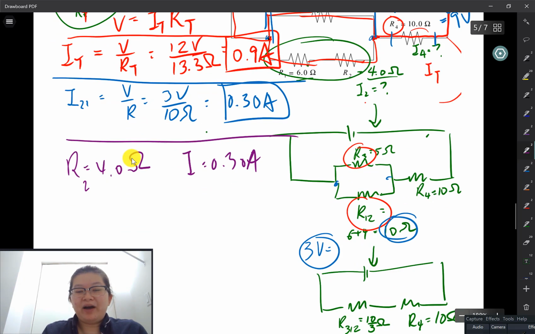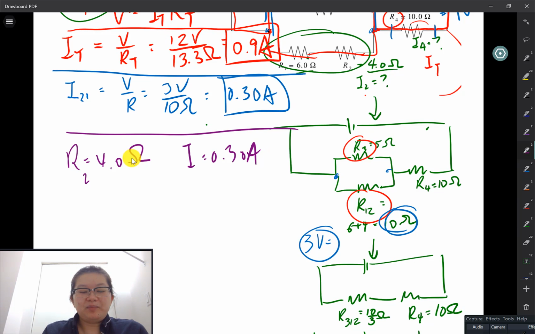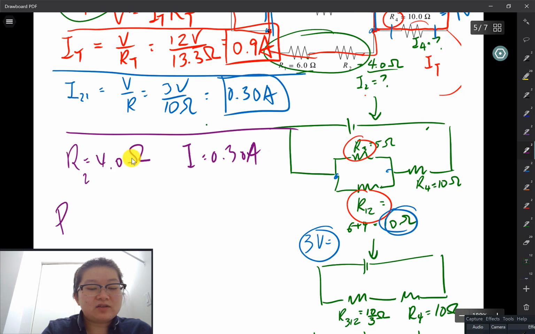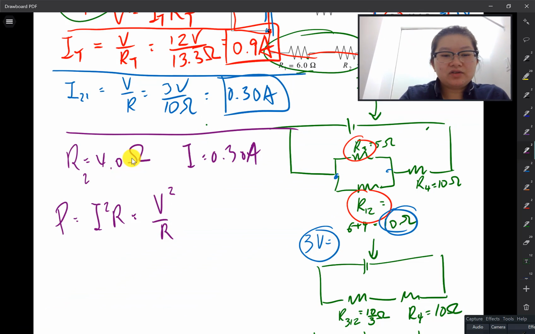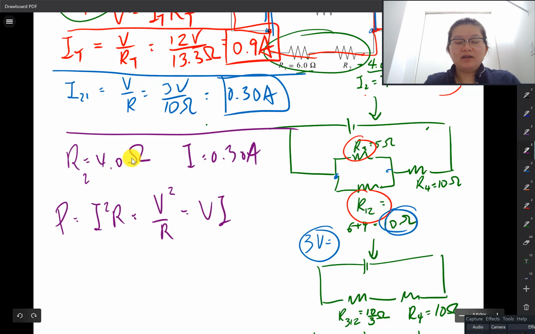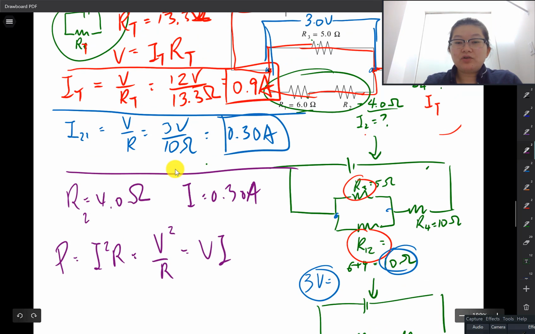Next up, we want to find the power dissipated. There are many different equations that you could use for power. Remember, there's I squared R, there's also V squared over R, and there's also V times I, okay? So which one to use?